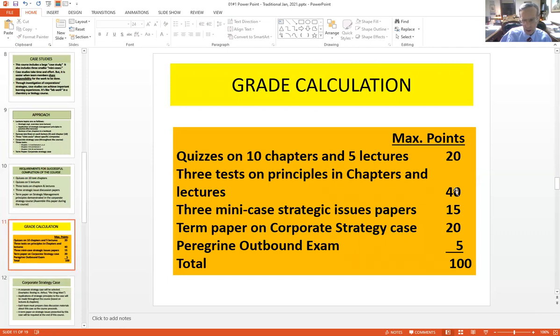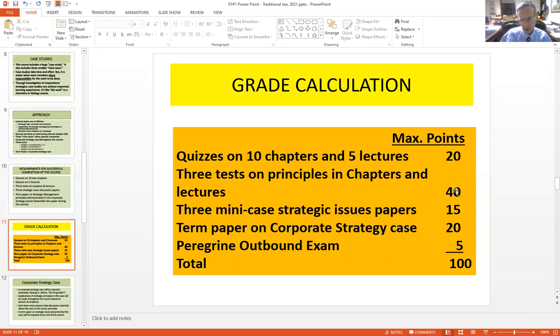Here's how your grade will be calculated. Those quizzes are worth 20 points. The 3 tests are worth 40. And I will try to weight those tests. I have mixed emotions. If I want to help you get a higher grade, I should make each test equally important, even though the first test covers more material than the last 2.